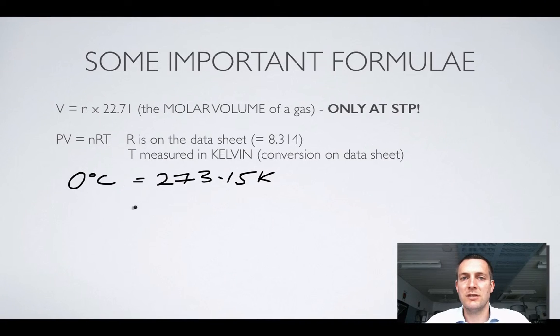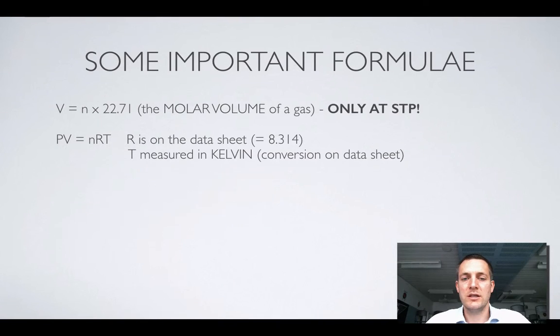It's just that the starting points for the scales are in different places. So if I had 0 Kelvin, I'd be at minus 273.15 degrees centigrade. So in other words, if I've got a temperature in degrees centigrade, I simply add 273.15 to it and I'll have my temperature in Kelvin. Okay? So anyway, they're the two formulas we use.